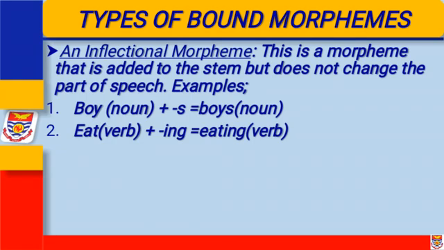So, eat. What do you think it is? Which word class will it be? It is a verb, you know. Now, after adding the bound morpheme ing, we will have eating. And then, in the same way, the word class is also a verb.